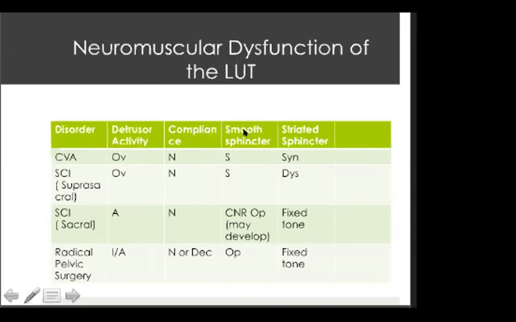Then for the smooth sphincter, then striated sphincter, synergia or dysynergia. So ito yung sample ng mga disorder. So ayan. Pagka spinal cord injury, pwedeng areflexic, then normal yung compliance niya, tapos sa sphincter naman, fixed yung tone niya.